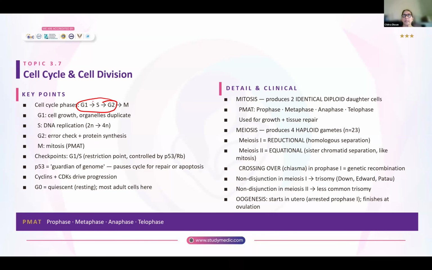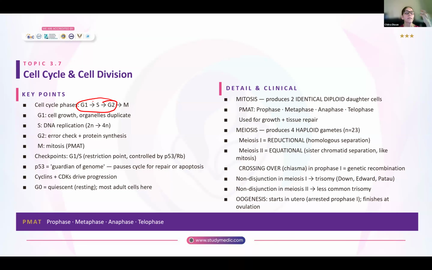The checkpoints that are there, now it is very important that you have checkpoints before the cell divides. Otherwise, you will have cells which are abnormal and they keep on dividing, and that is how you get formation of cancers, or uncontrolled growth of cells that are not normal.